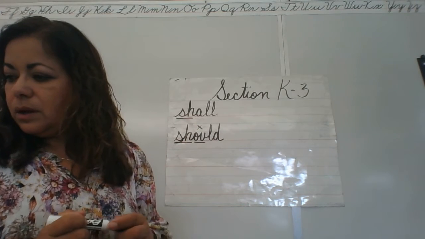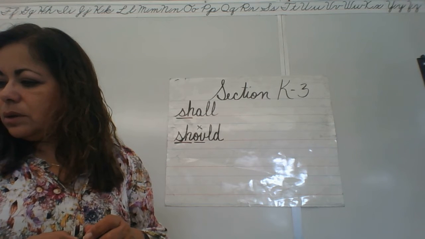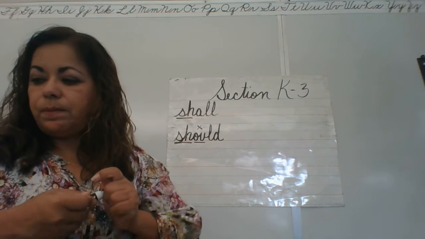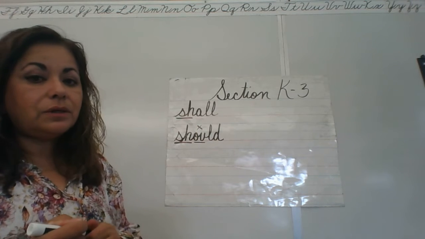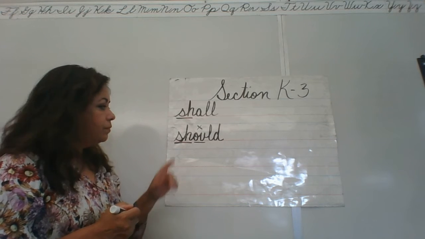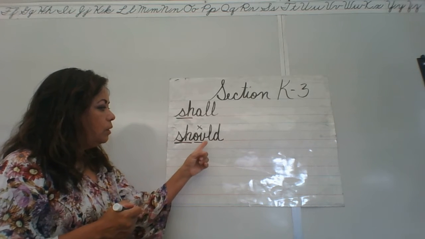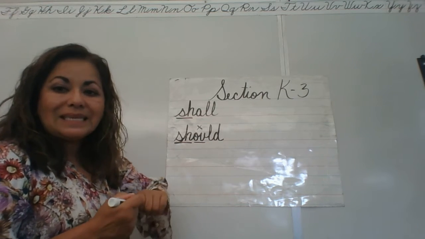Okay? Ou is an exception. Okay, now, there is a silent letter in this word. Can you guys figure out what it is? Sh, d. We don't hear the L. The L is silent.